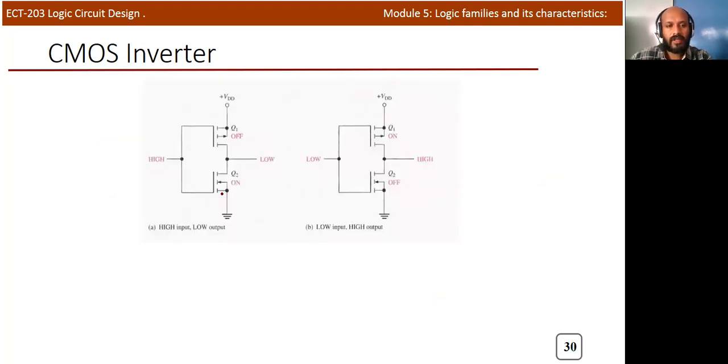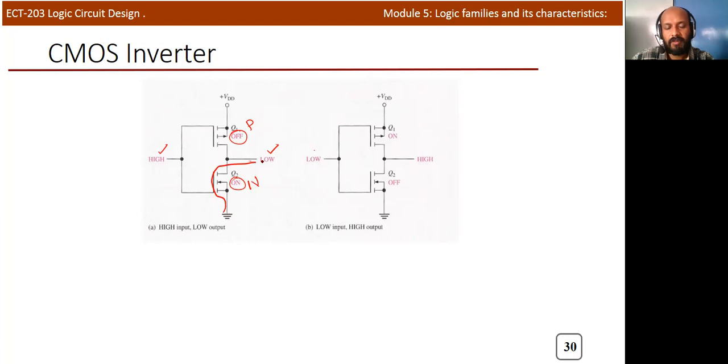Now again the same thing, using the other symbol. If you apply high, you get low, because the upper portion is PMOS and the lower portion is NMOS. If you apply high, the PMOS transistor will be off and the NMOS transistor will be on, so a low voltage is available at the output side.